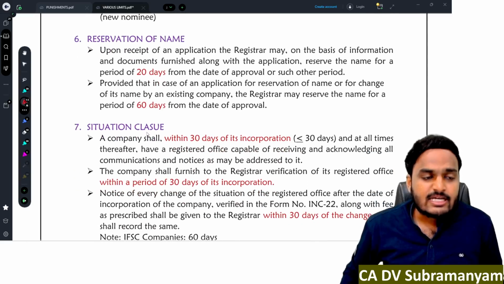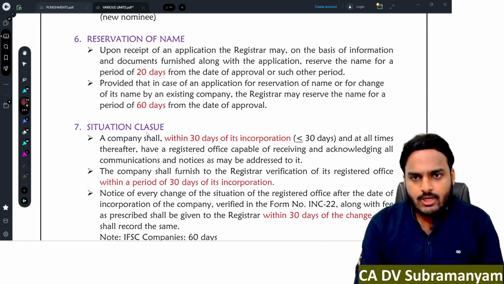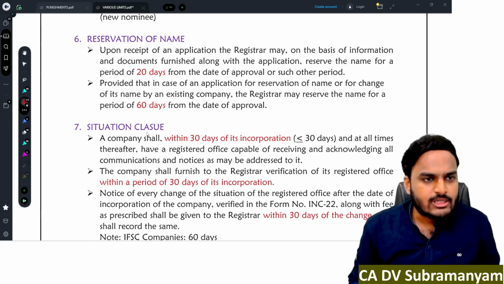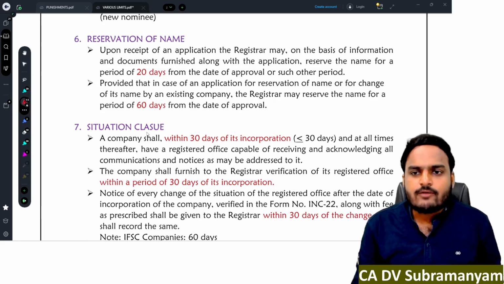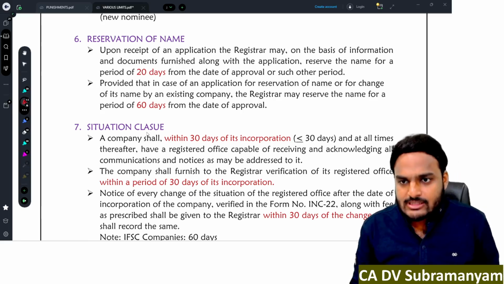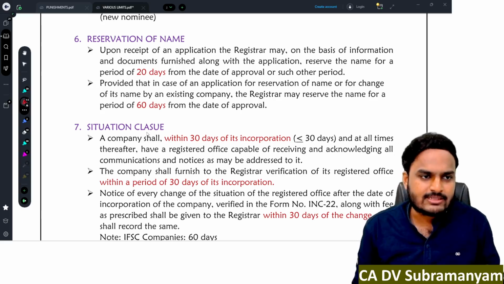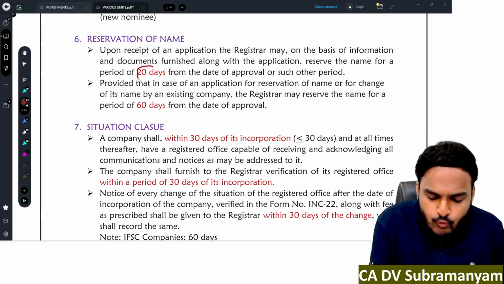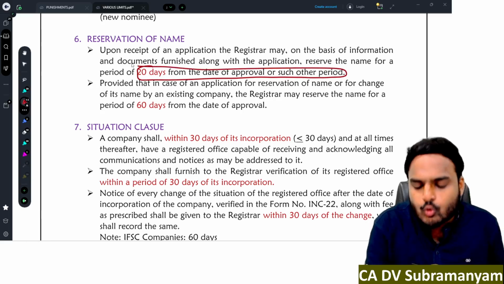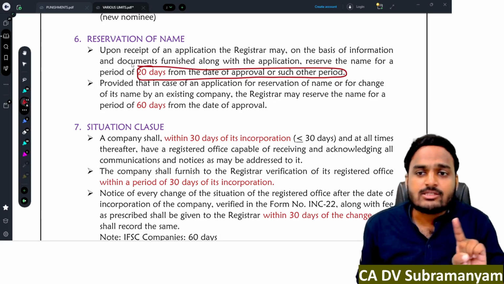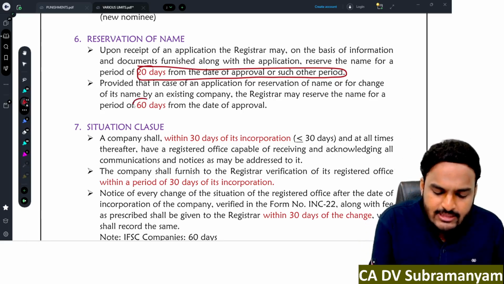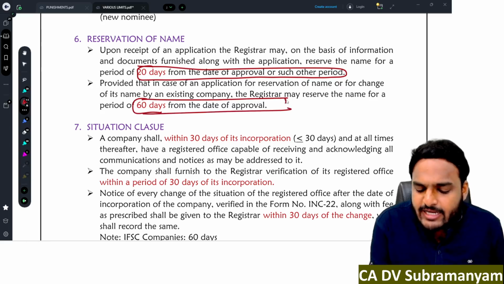Next one, reservation of name. As you all know, the first step for incorporation of a company is reserving the name. Yes or no? So in case of newly incorporating companies, proposed companies, the name is reserved for a period of 20 days from the date of approval. Sir, I'm an existing company, sir, I want to change my name.